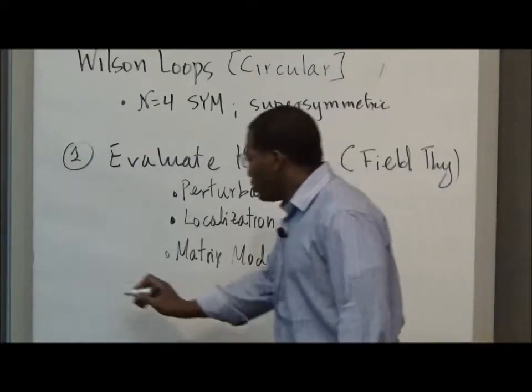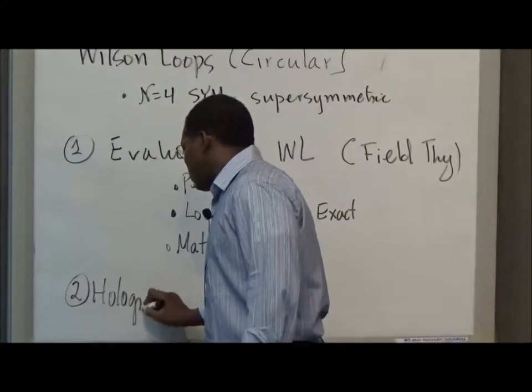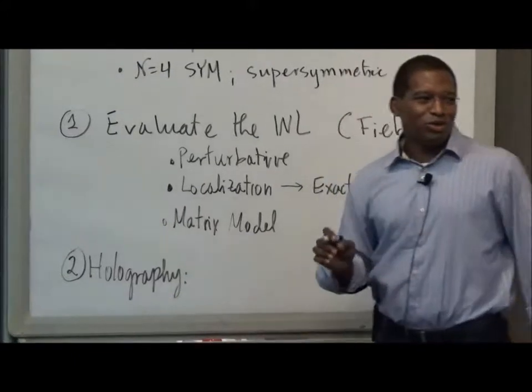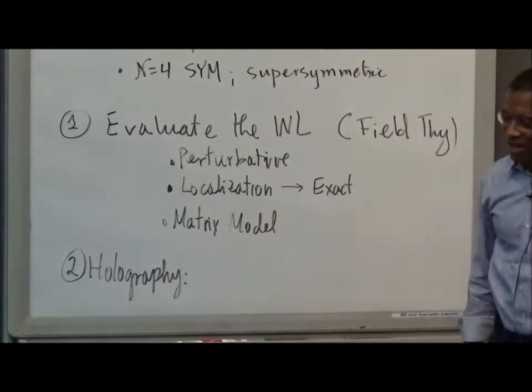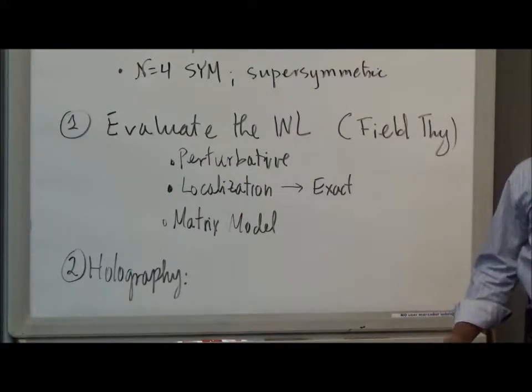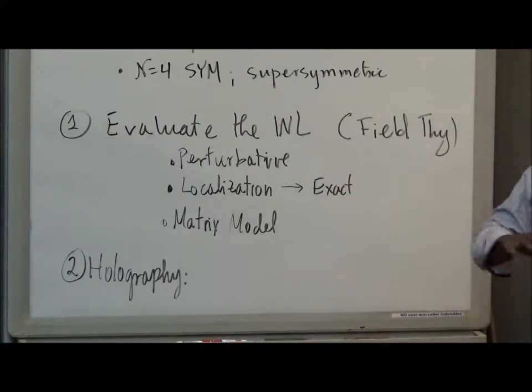Then I will go to the holographic part. In holography, my goal is to do essentially what you do in quantum mechanics with the hydrogen atom, for example. You compute first the levels, and then you say, okay, but I could have gotten this by accident, by thinking that an electron is like a small planet going around some other planet, something crazy like that, and it would still give me the right answer.